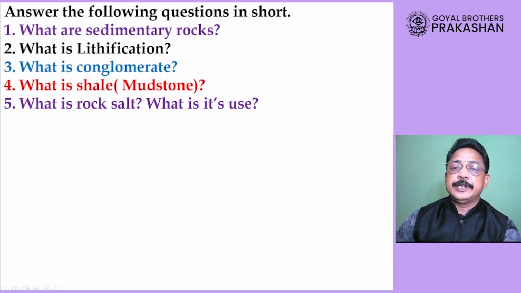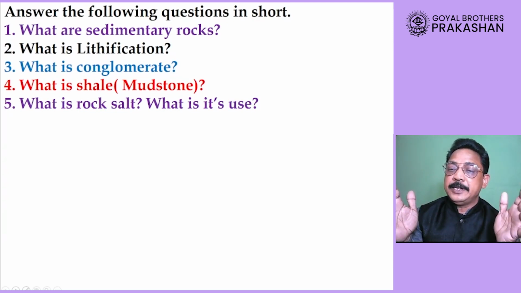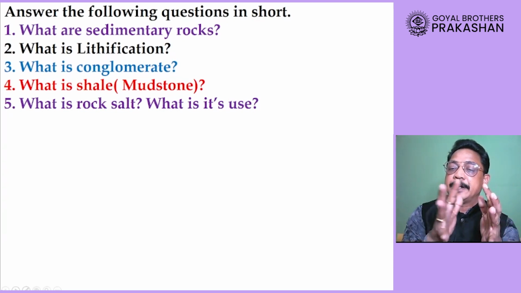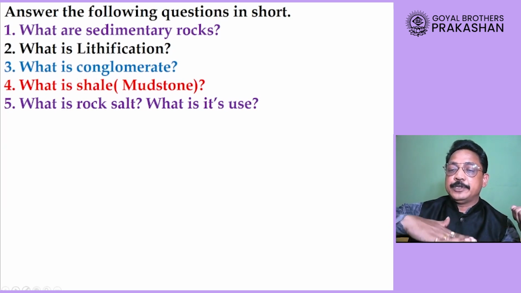Our next question is, what is shale or mudstone? Again, dear student, shale or mudstone is a rock actually, which is formed because of mud and clay, which over the period of many years start getting compressed by the layers which are deposited above it.